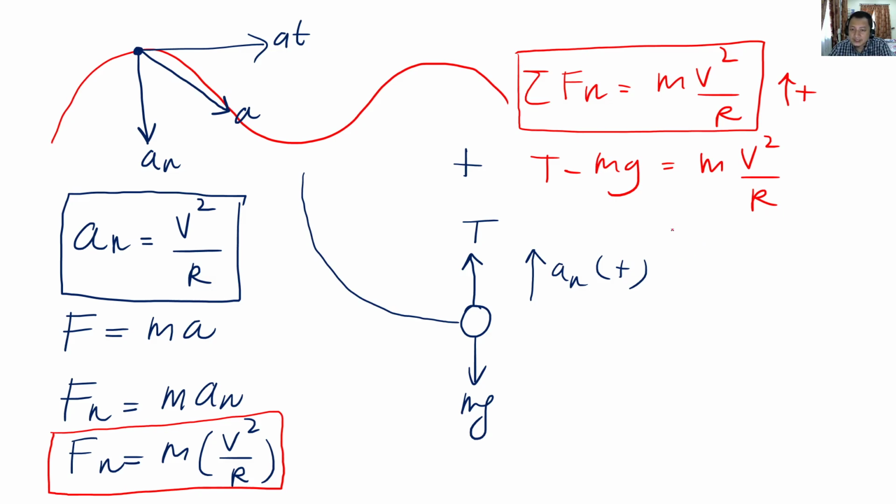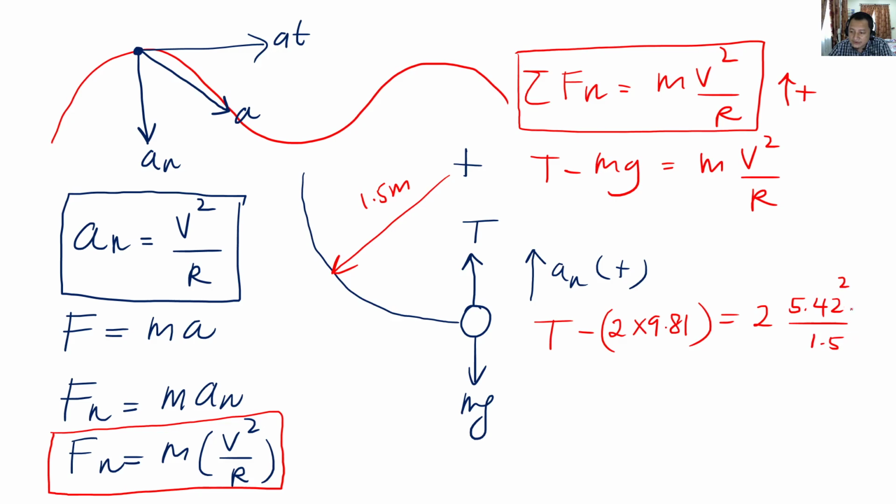This is the equation. Remember the radius is actually 1.5 meter. A normal going up, so T minus the weight, 2 kilo, 2 times 9.81, equals 2 times 5.42 squared divided by radius 1.5. So we get T.